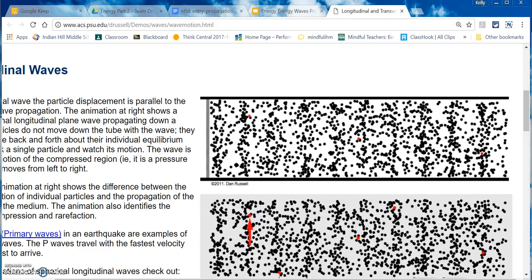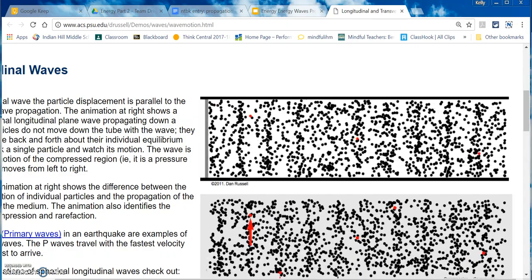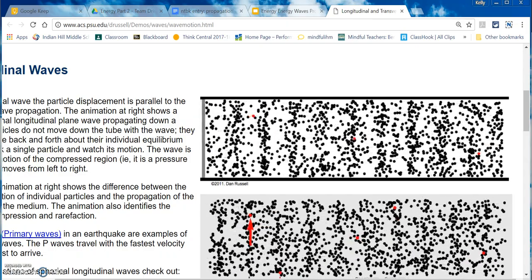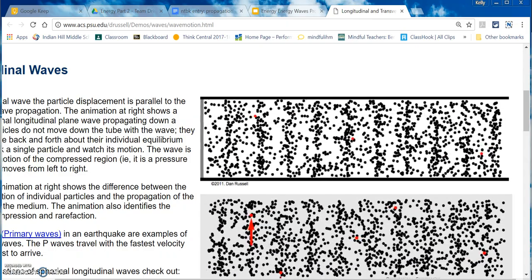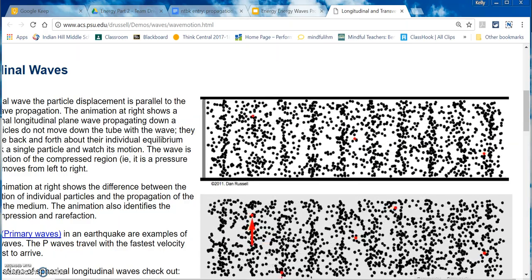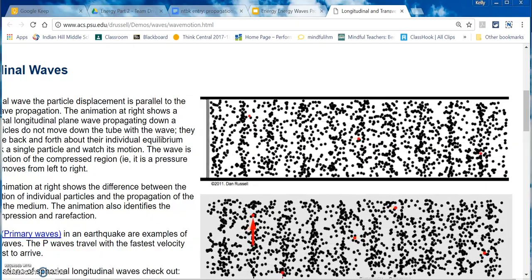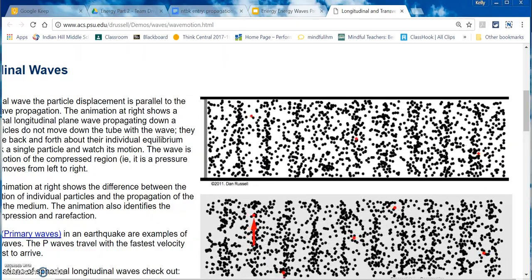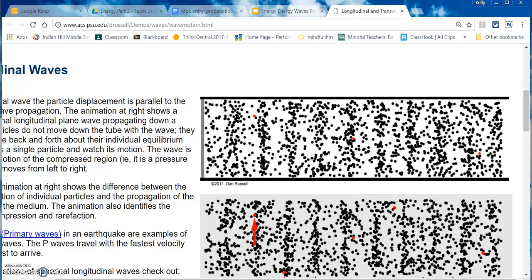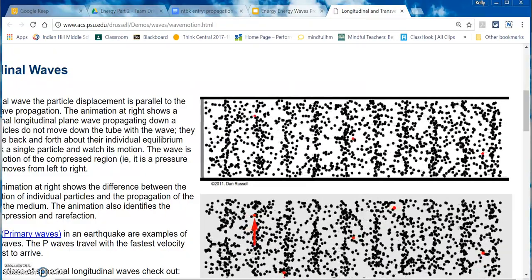Notice that the matter that's right next to the gray bar is hitting the matter and then coming right back to its position. Now, if the energy wave was to keep moving and there was no additional force over and over again, the particles right next to the bar would eventually stop moving or go back to their so-called rest position.